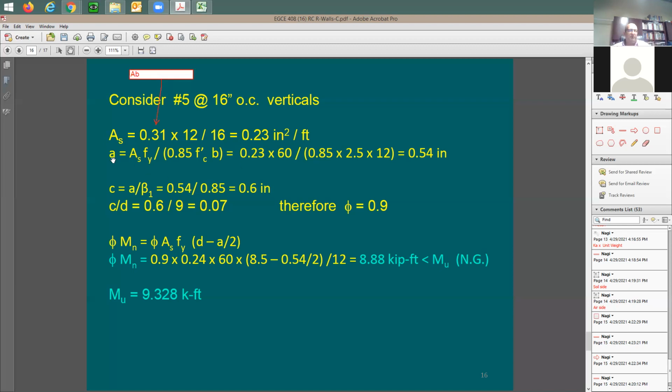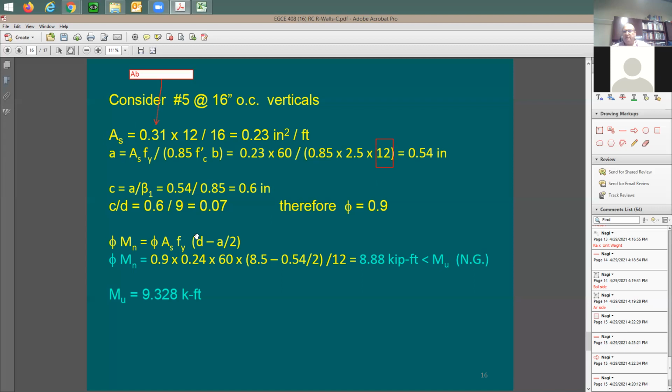You can find here the compression block depth, and look here what happened for b. We're using here 12 inches. Concrete strength, we say it's going to be 2.5 ksi, 0.85, and the reinforcement is going to be 0.23 square inch per foot. So I used here a foot. You see here a is going to be very small, which means your phi factor is going to be equal to 0.9. This is one thing that you need to confirm.